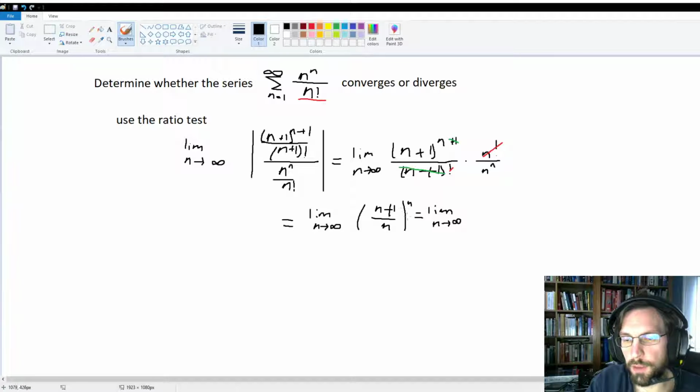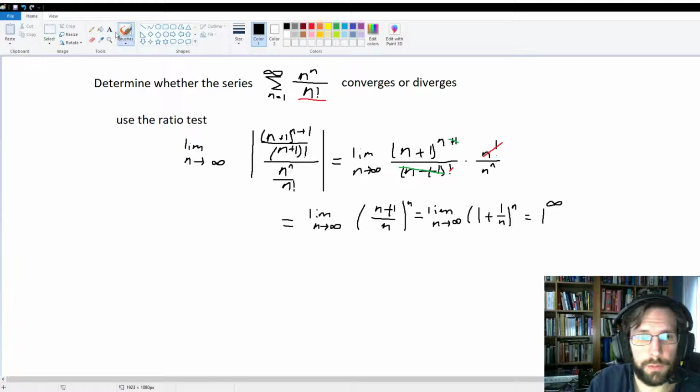Rather than think about it like this, I want to think about it like this. If we plug this in directly, we should get 1 to the infinity, which is an indeterminate form.